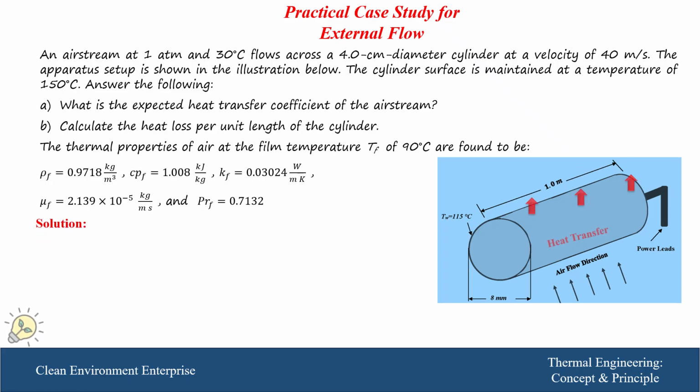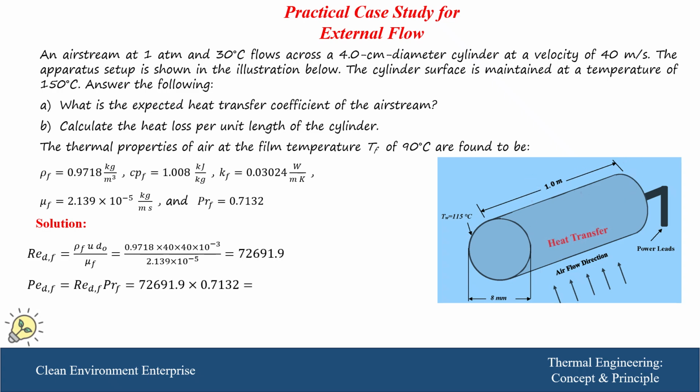To start our calculation, we need first to estimate the Reynolds number, and substituting the values of the density, velocity, and the outside diameter, as specified in the figure, as 8 millimeter, then the Reynolds number will be 72,691.9, and the Peclet number is calculated to be 51,843.9, which is already greater than 0.2.